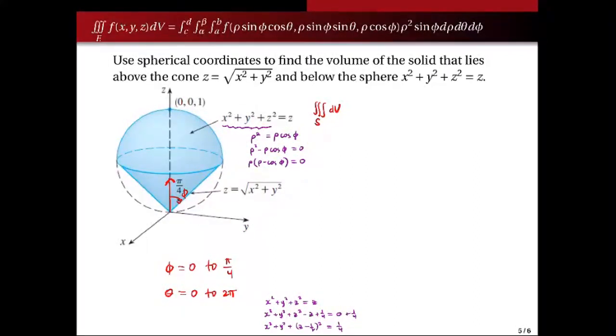So this will take the equation rho equals cosine phi. So your rho will run from 0 to cosine phi.